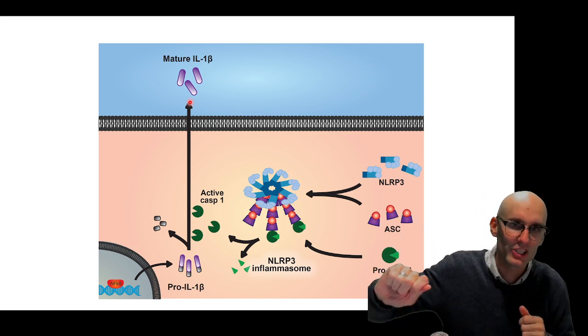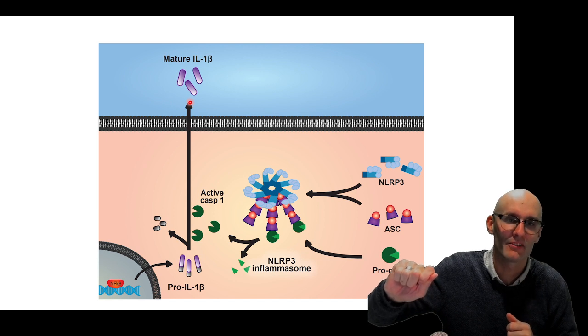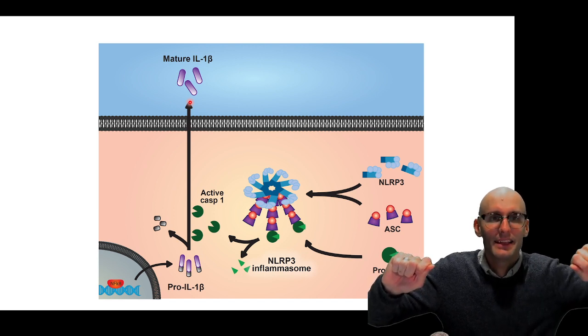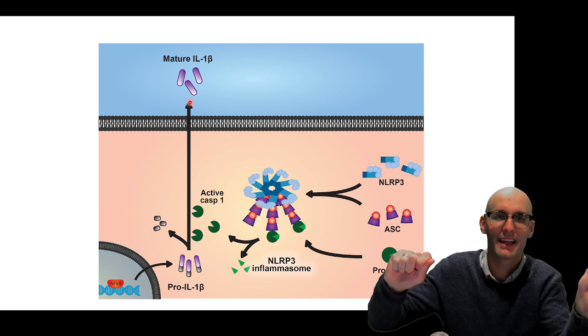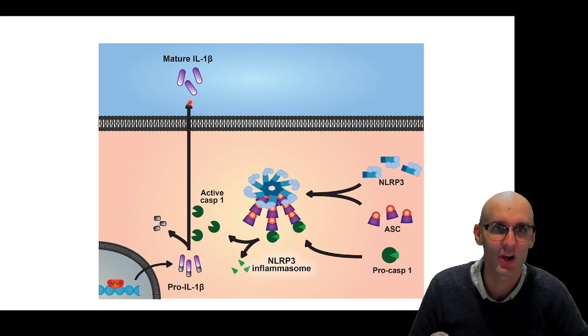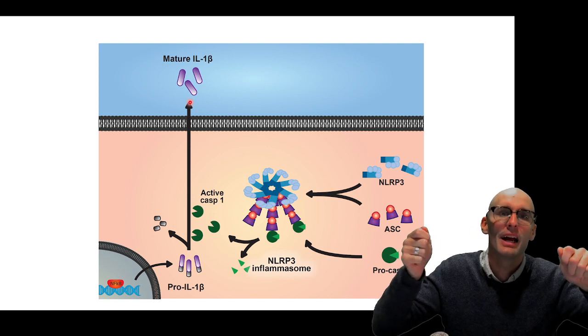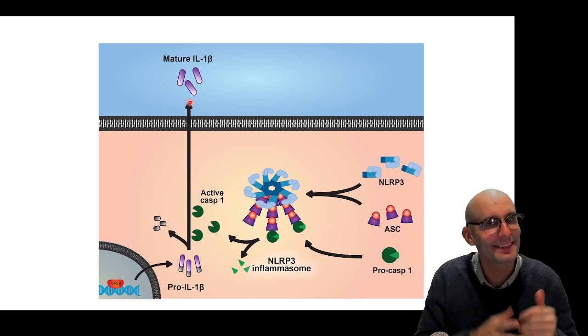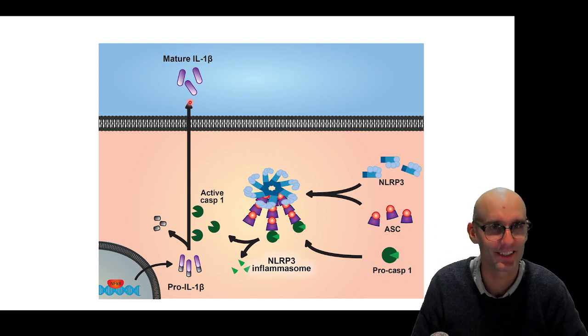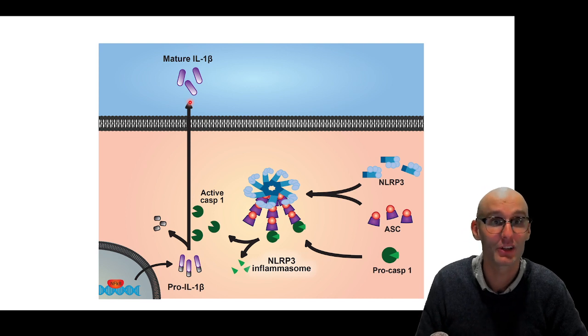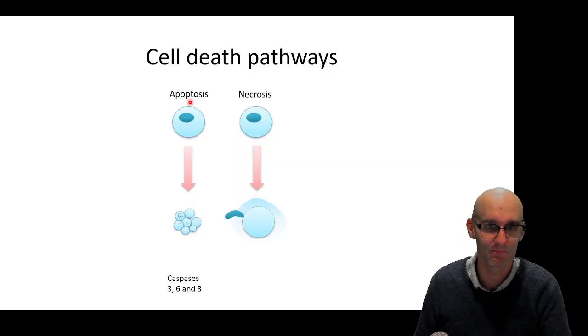So the expression of interleukin-1 and the expression of NLRP3 is one key, and then the activation of NLRP3 is another key in order to get the release of interleukin-1 beta. So that's why I think there's those 2 barriers, because you don't want to accidentally turn on your interleukin-1 system. It's going nuclear when it comes to an innate immune system.